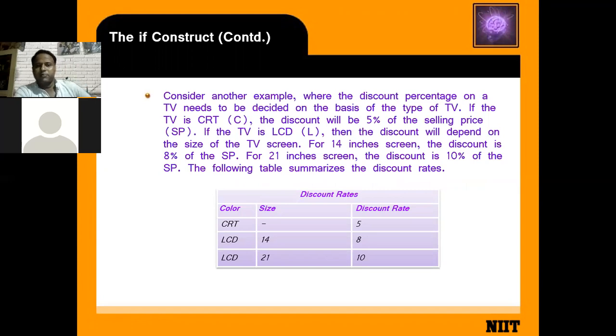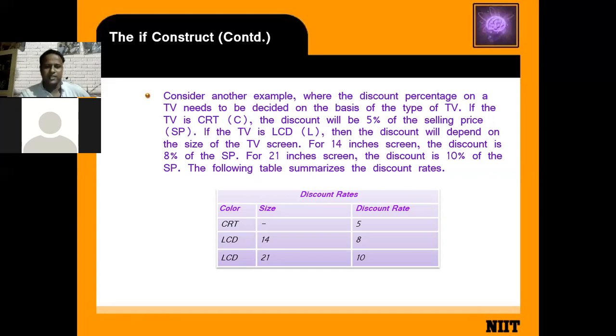Consider another example where the discount percentage on a TV needs to be decided on the basis of the type of TV. If your TV is CRT, or C, the discount will be 5% of the selling price.